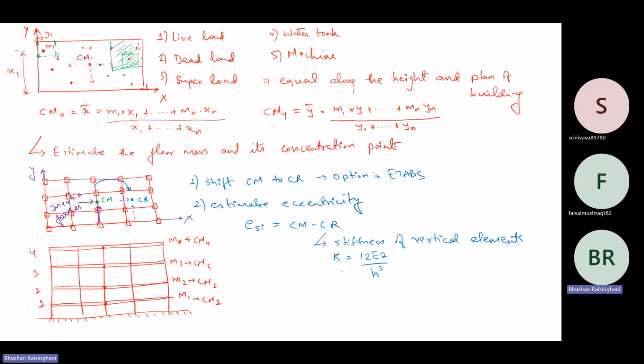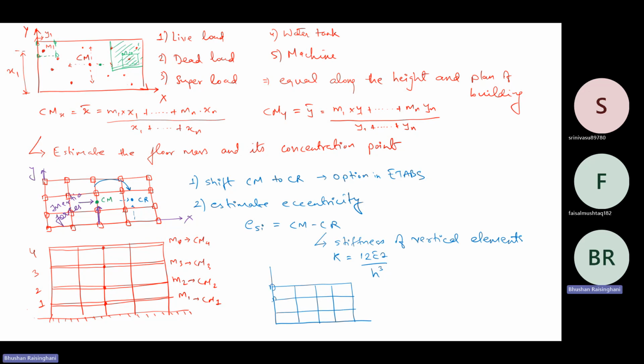Now again, you have to create X and Y for this particular building plan that we had just drawn above.